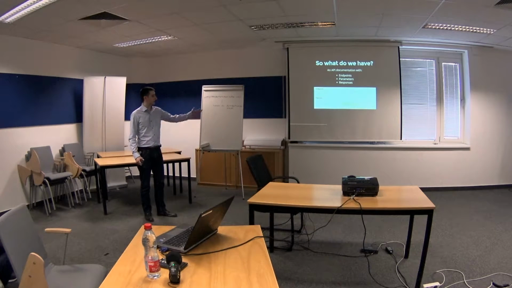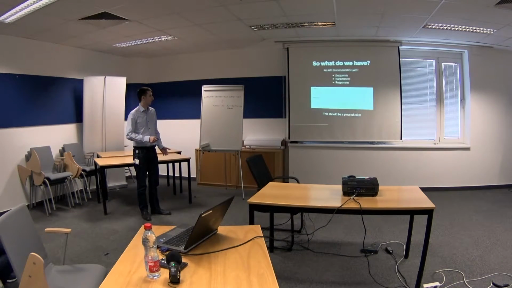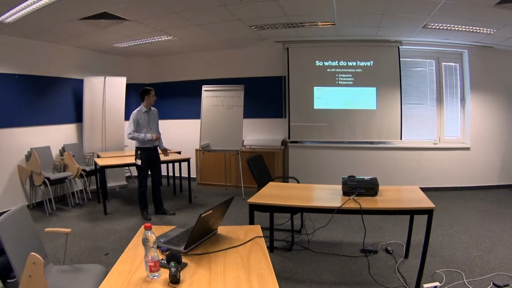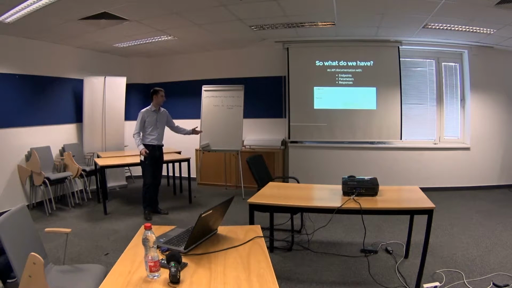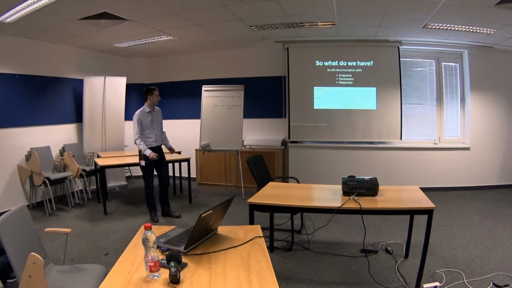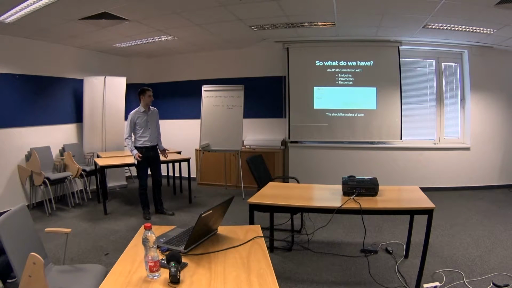And it looked like this, so it was a Wikipedia page. And here is the endpoint, and here's the example payload. This is a snapshot from the official documentation. So I thought that this should be a piece of cake, but actually it wasn't, and that's why I'm here.